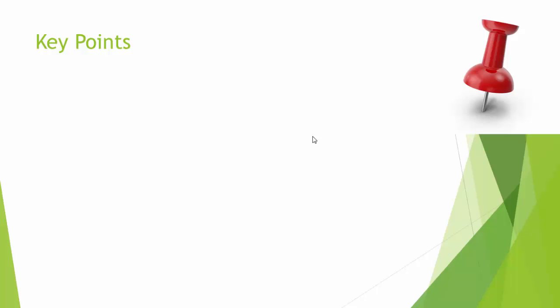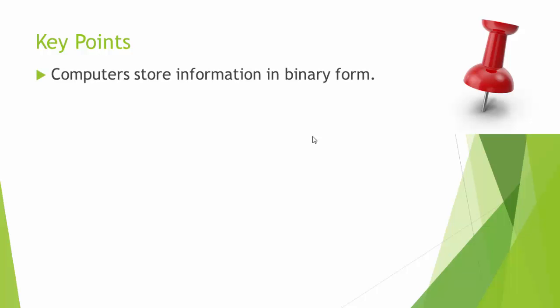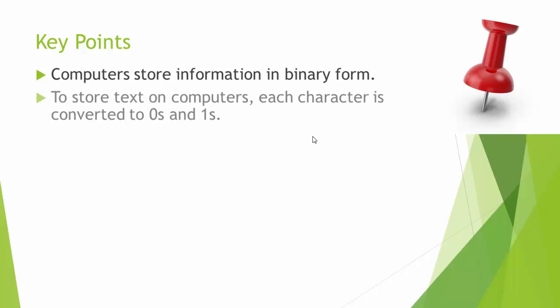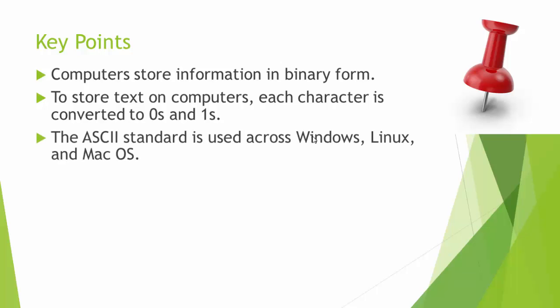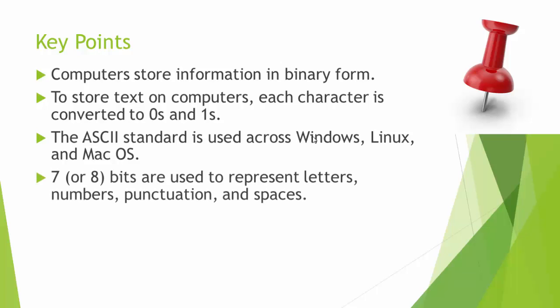Okay, so that's enough, I think, for today. We need to always remember in everything we do that computers store information in binary form, in zeros and ones. In order to store text on computers, we have to convert given characters to zeros and ones, move it into a set of 8 bits, and then use the ASCII standard, which is common across Windows, Linux, and Mac OS.